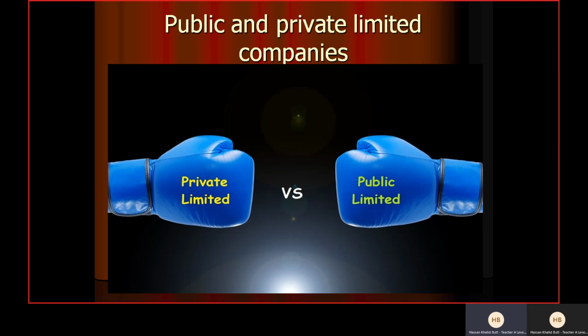I told you a share is a piece of paper or a certificate which shows that the person who is holding it is the owner of that company, because the person has bought a certain amount of shares of that company, and the value of the shares and the amount of shares is written on that certificate.